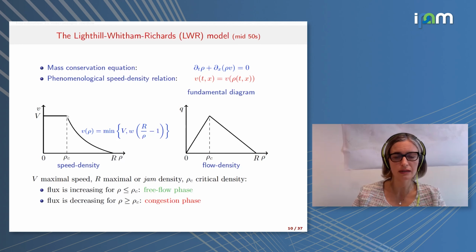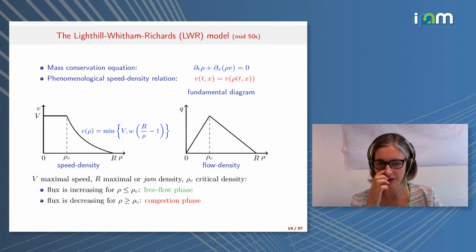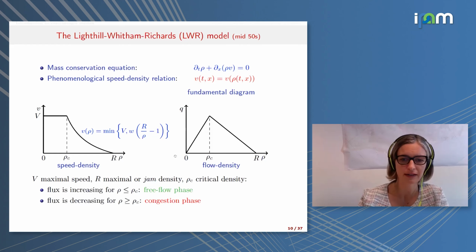So the velocity is constant in the free flow phase, up to the critical density, and then decreases like this law until the maximal density. Okay, so all that I will tell you later will work with both choices, and you can also consider other choices for the speed. What is important is that the flux function is concave down. This is the main feature.